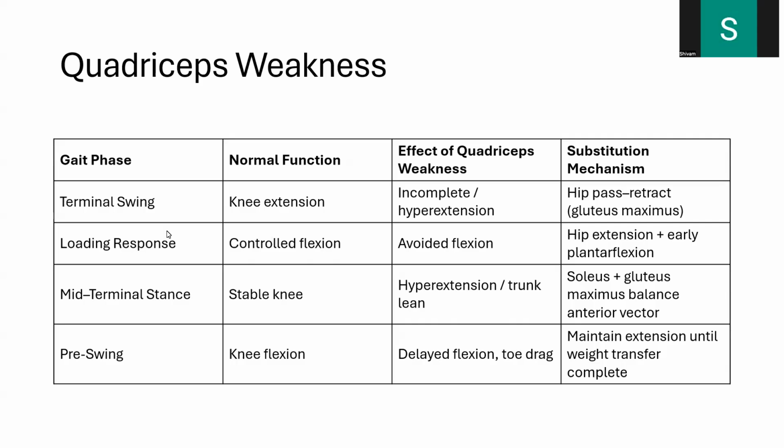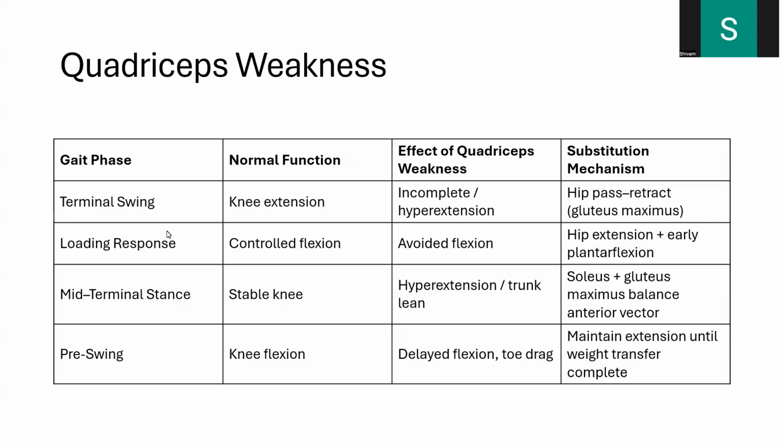Normally this doesn't happen, but if quadriceps weakness is present, this pathway is activated. Prolonged soleus activation, like we discussed, prevents the tibia from moving forward, and forward trunk lean, like we discussed, shifts the GRF anterior. In pre-swing, the normal function is knee flexion.